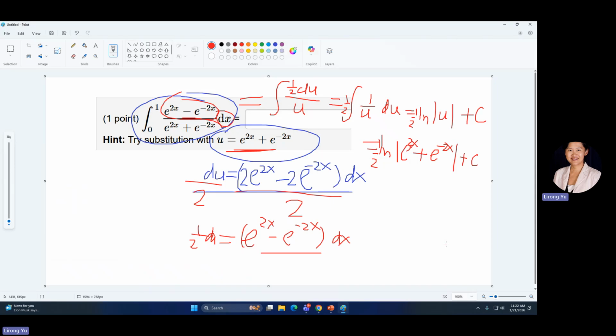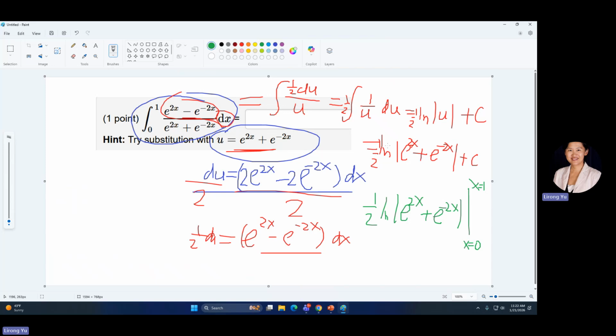This is only calculating the indefinite integral. To calculate the final answer, you have to evaluate from x equals 0 to x equals 1. So we were supposed to calculate 1/2 natural log of e to the 2x plus e to the negative 2x, at x equals 0 and also at x equals 1.